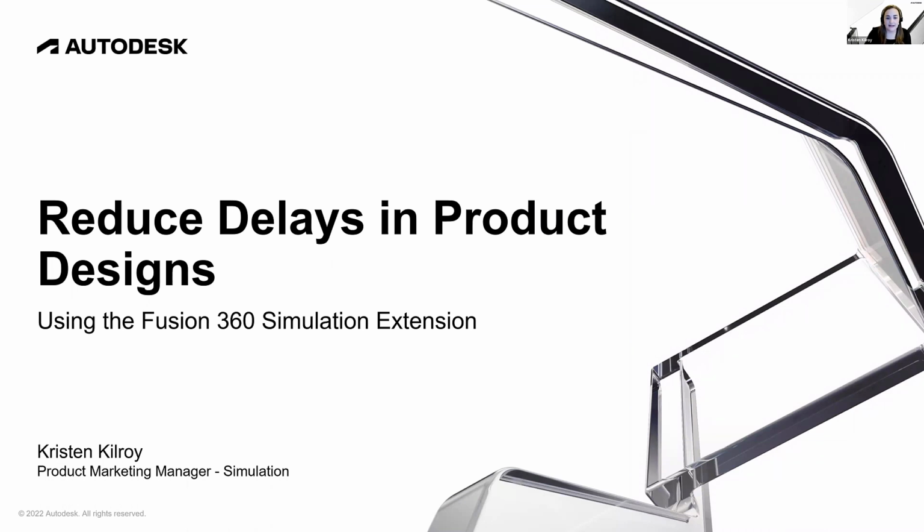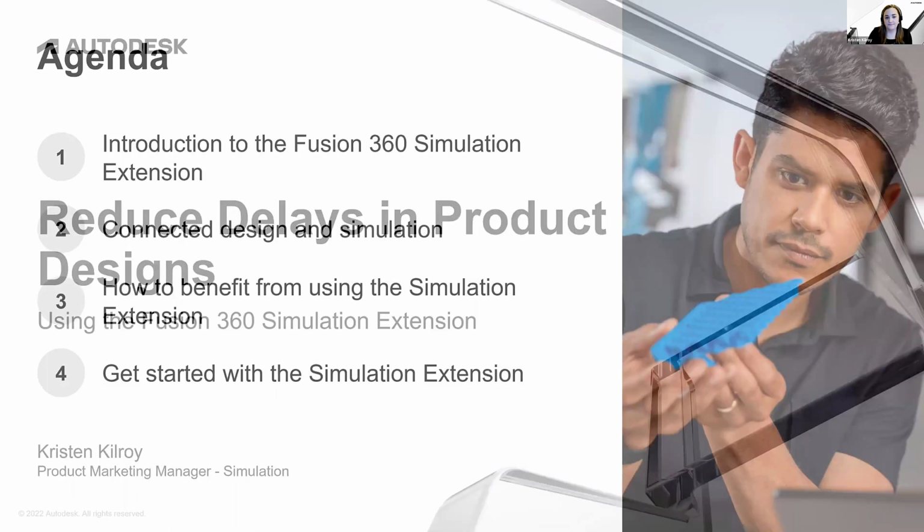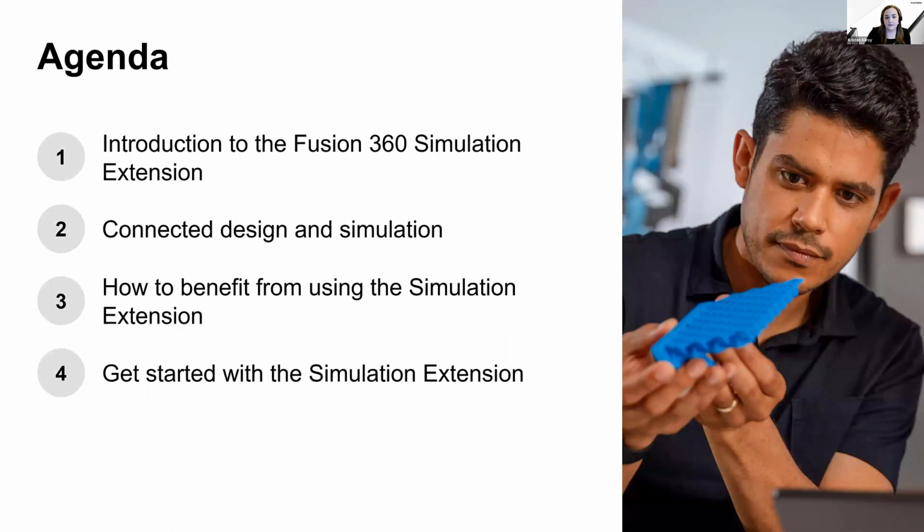So now let's go ahead and take a look at what we'll be reviewing today. With the ultimate goal of trying to reduce product design delays, we'll start today with a brief overview of the simulation extension and its capabilities.